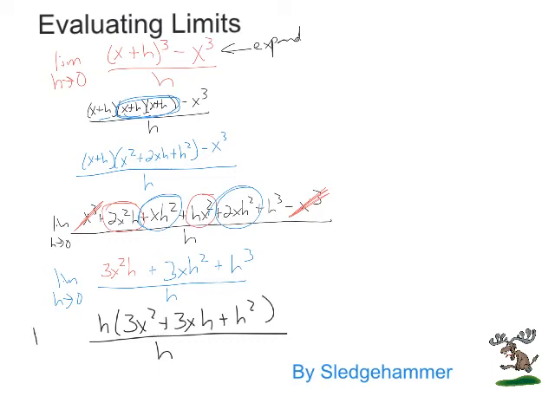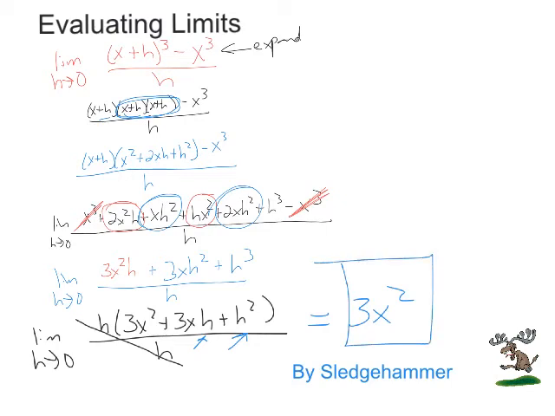And in factoring that h out, the h cancels, and we're able to do this now. We can take the limit as h goes to 0. We plug 0 in for h, and we find that both of these terms go to 0, and we get an answer of 3x squared. Whew. That one was a little bit hard.